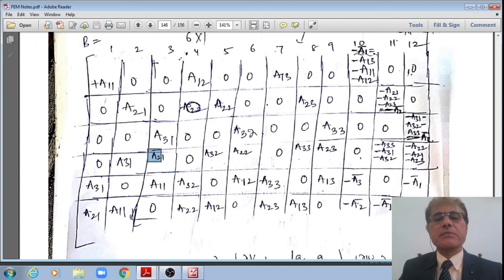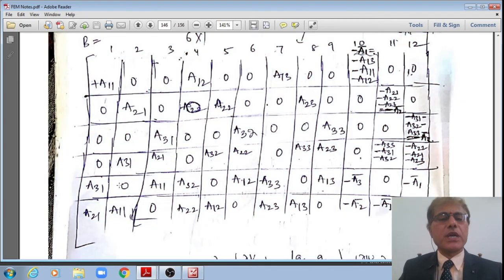In a similar fashion you can do that. a32 is brought here and a22 is brought here. Similarly a33 is brought here and a23 is brought here, and this minus a3 bar is brought here, and this minus a2 bar is brought and copied here, right?